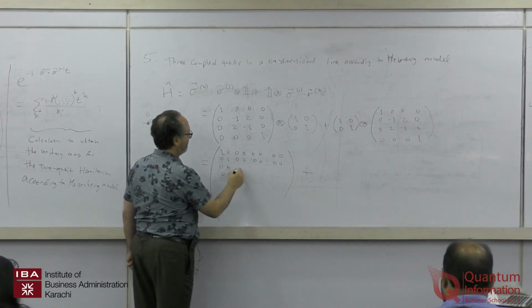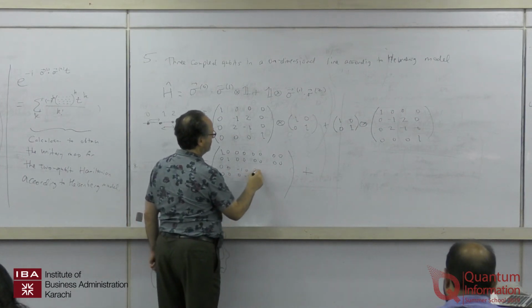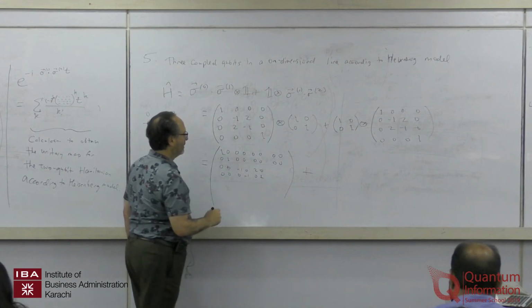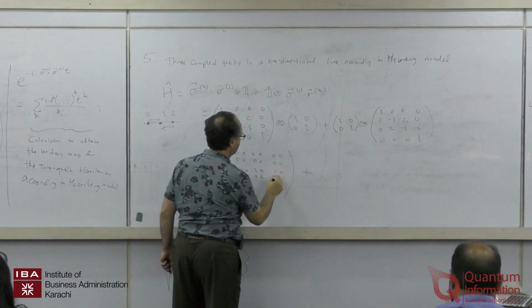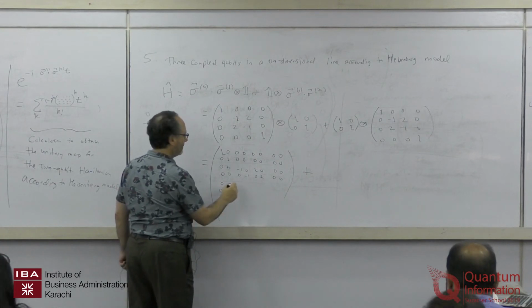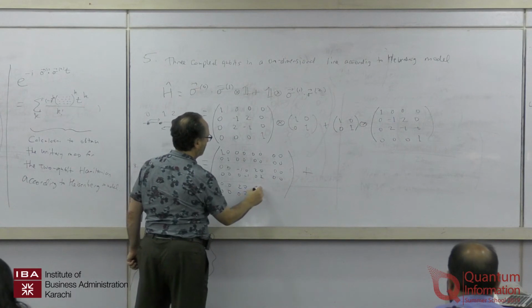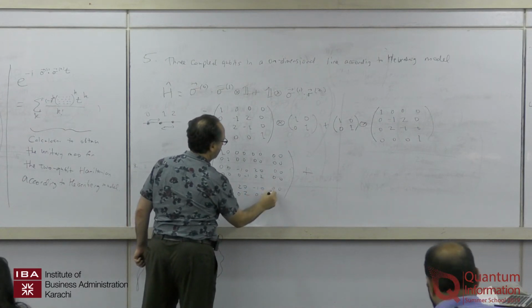Next: minus 1, 0, minus 1. Then 0, 0, 2, 0, 0, 2. Then 0, 0, 0, 0. Okay, good. Then 0, 0, 0, and 2, 0, 0.